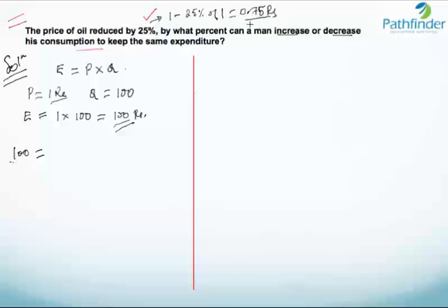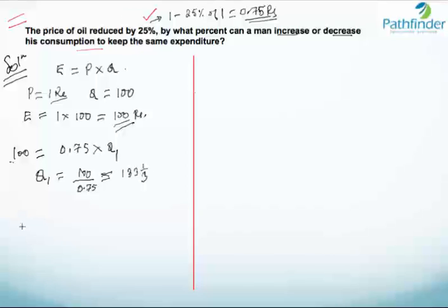So this basic calculation tells us that the new price is 0.75 and the new consumption is unknown, so we assume that to be Q1. So what is the value of Q1? 100 divided by 0.75, which is equal to 133 1/3 units.